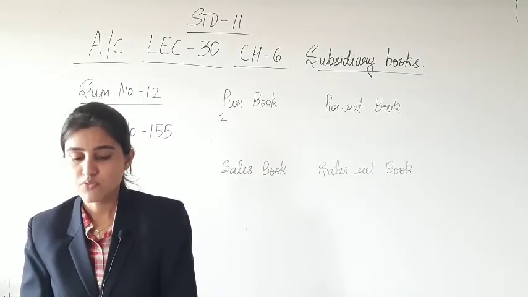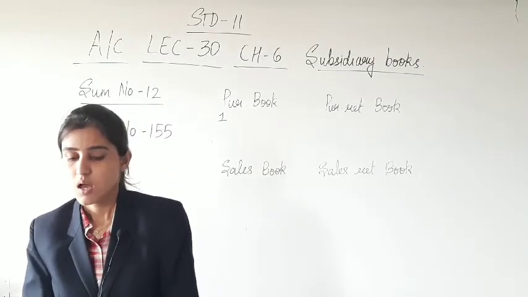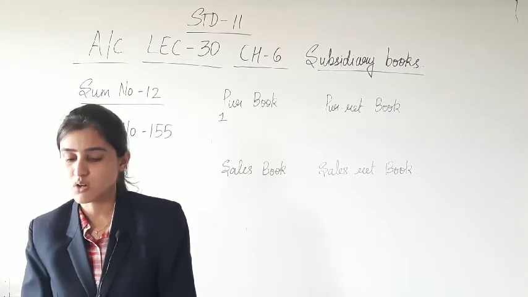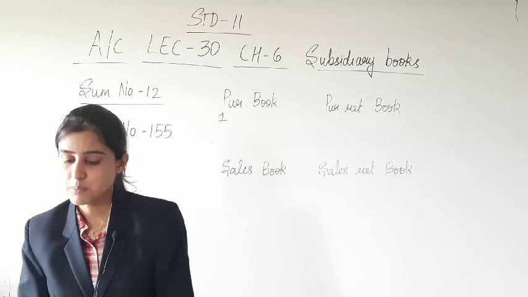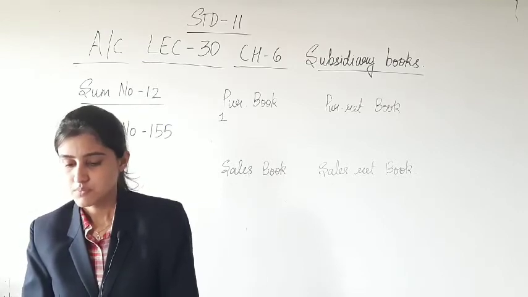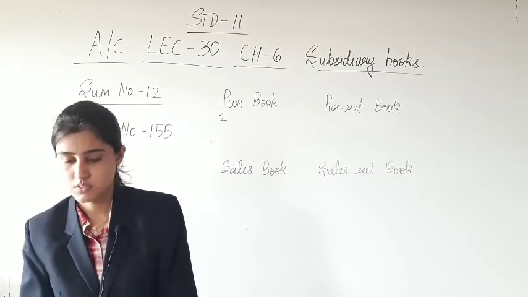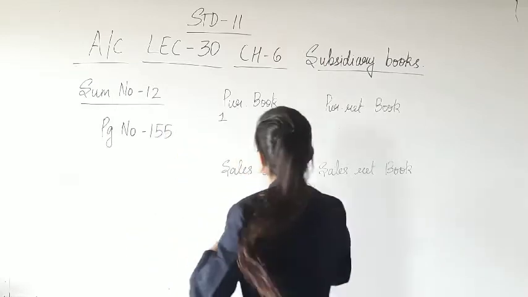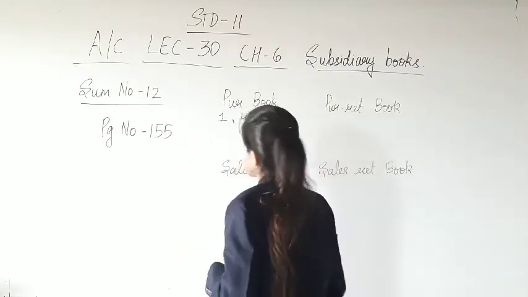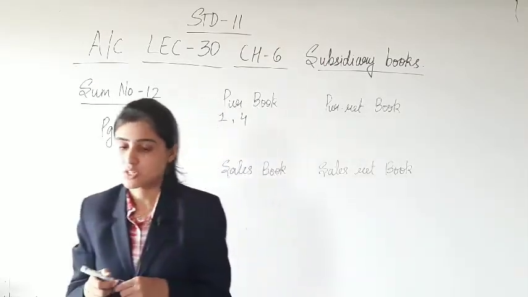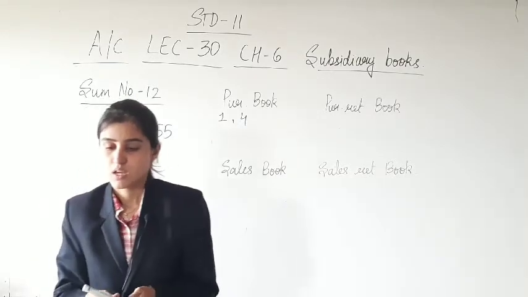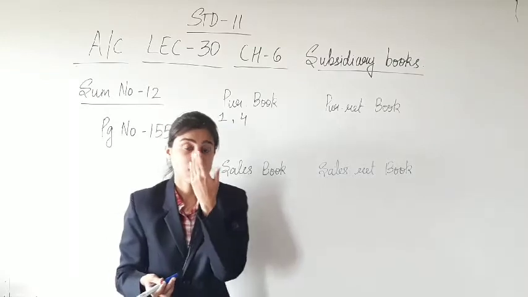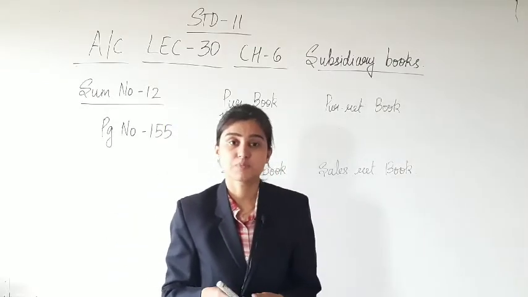Next, on 4th of November, purchased goods of rupees 12,000 from Nirmi at 10% cash discount. Credit period 1 month. Goods have been purchased from Nirmi. Will be recorded in purchase book. 10% cash discount. As you know very well, cash discount is not recorded in subsidiary books.